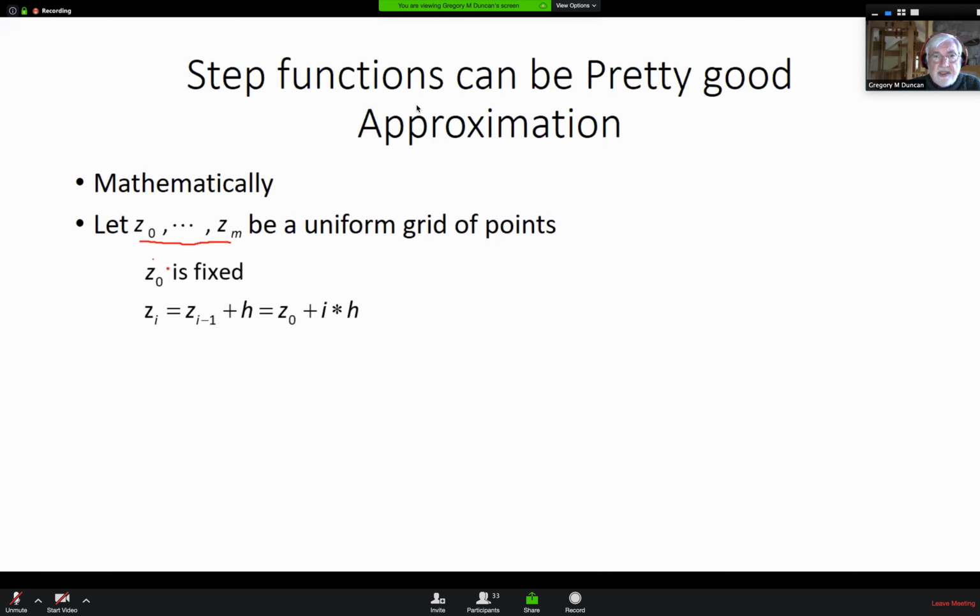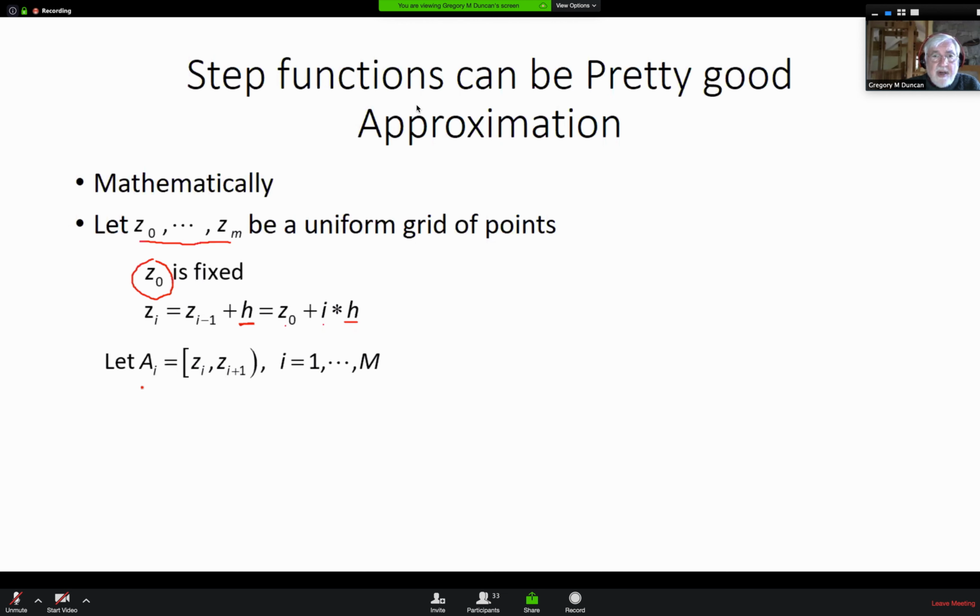Z0 is going to be fixed, and then the next Z is going to be equal to the last Z plus H. So that means that Zi is going to be Z0 plus i times H, and that's going to give me a uniform grid of points. This H is going to be really important later on. We're going to call that a bandwidth. And I'll talk about that later in the lecture.